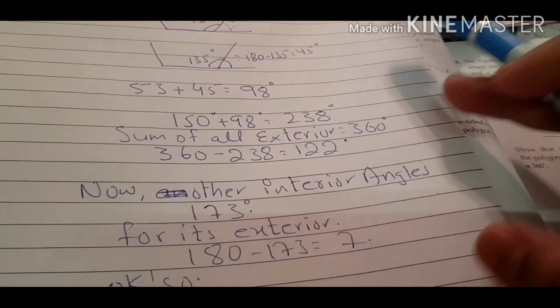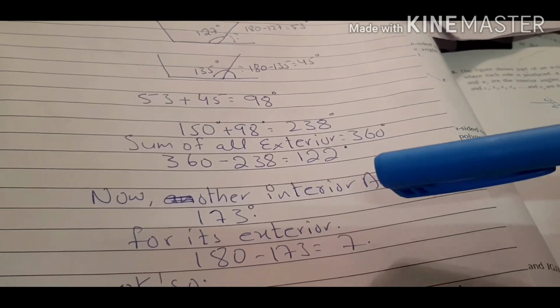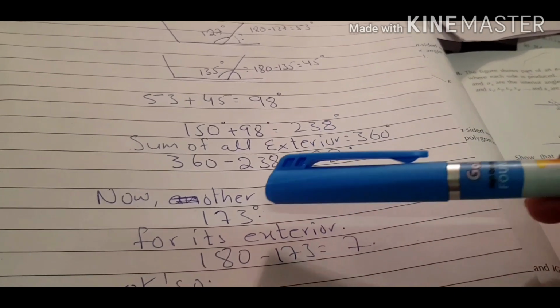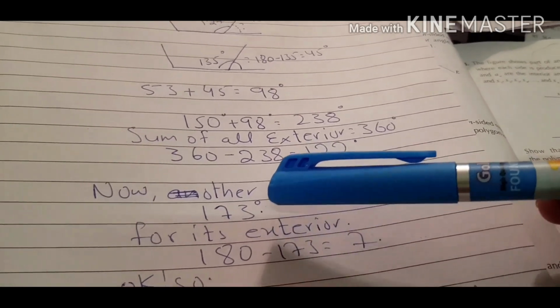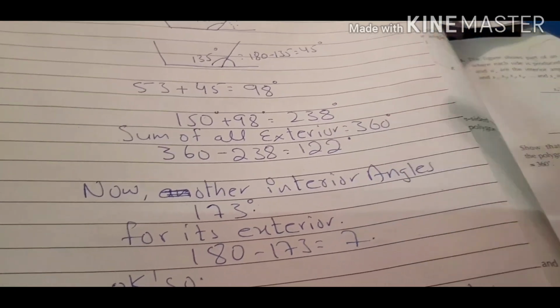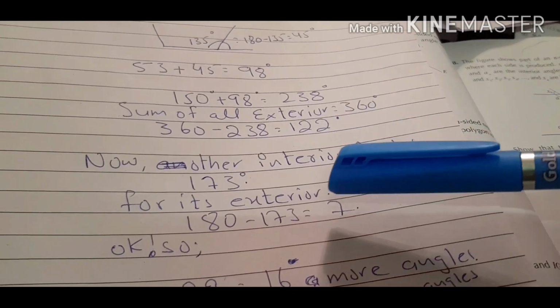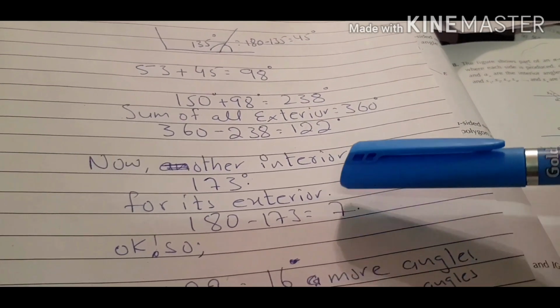For that, the third part talks about the interior angle 173, so its exterior part is 180 minus 173, that is 7. So out of 122, the remaining angles are all 7 degrees each.